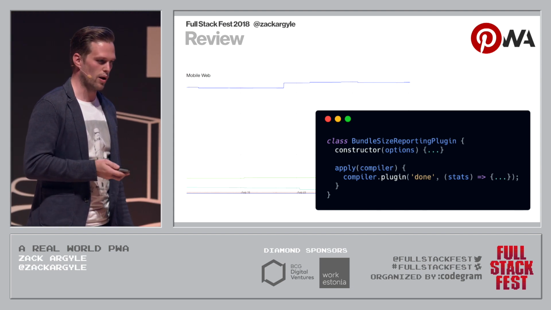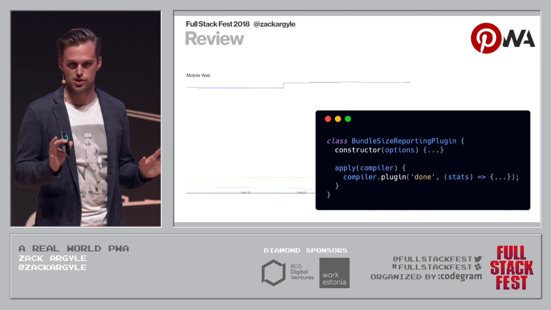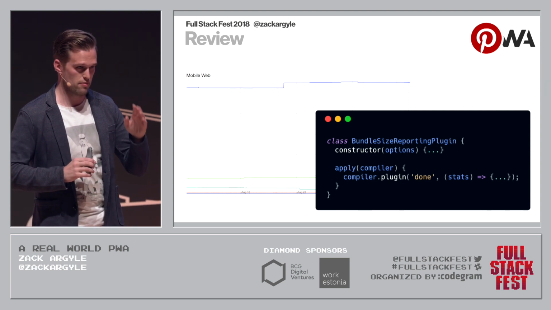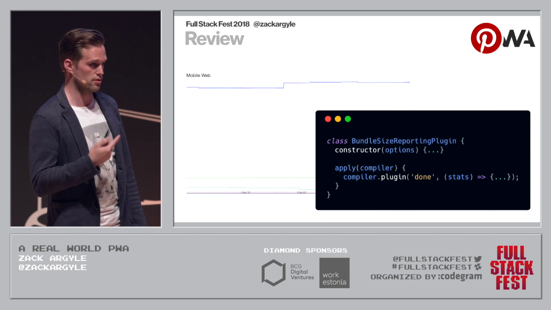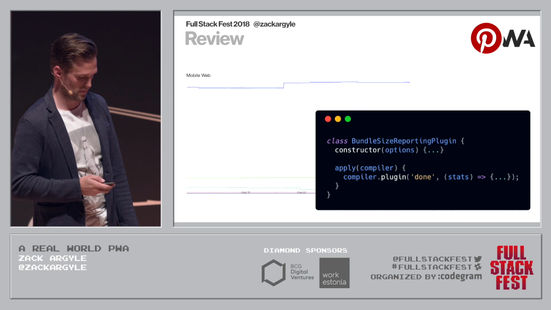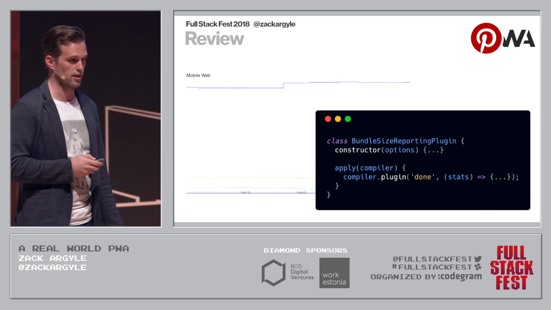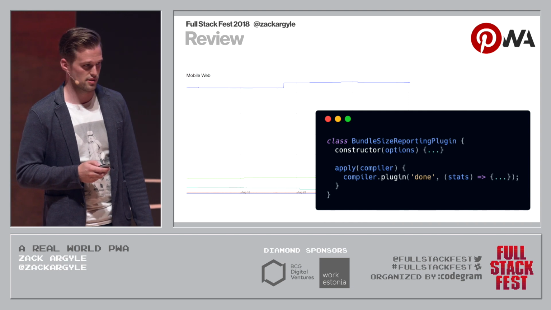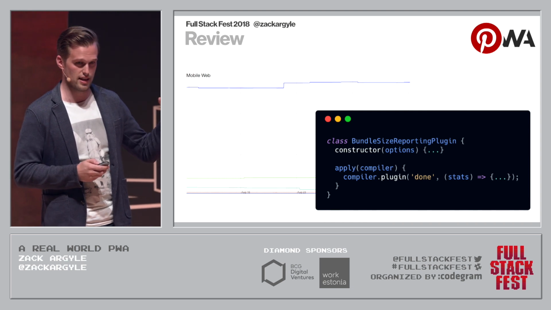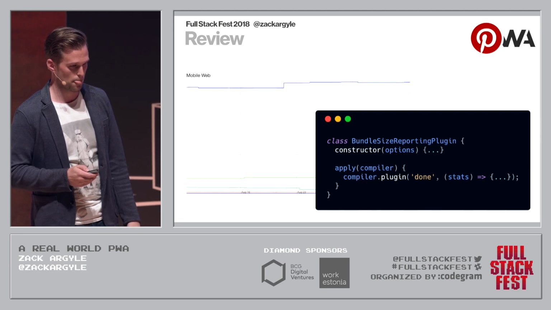What we did is we created a Webpack plugin that says when the compiler is done creating all of our JavaScript bundles, go through each of them and send out the information into our in-house database. It's a really simple plugin, but it's been really helpful to be able to view and set those budgets. We've got budgets, and we get alerts anytime things go above the budget, which is great.